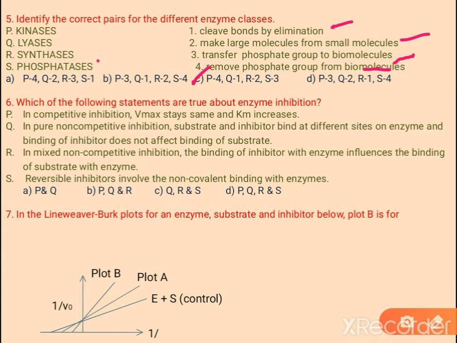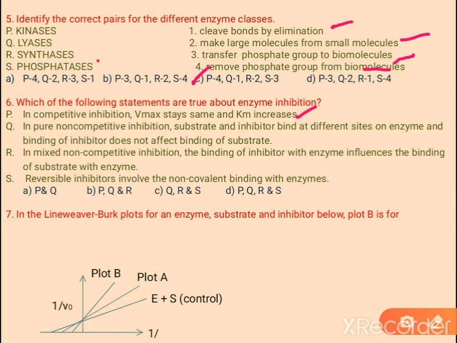Coming to the next question. Which of the following statements are true about enzyme inhibition? The first option is, in competitive inhibition maximum velocity stays the same and Km increases. Obviously it is right. In pure non-competitive inhibition, substrate and inhibitor bind at different sites on enzyme, and binding of inhibitor does not affect the binding of substrate.